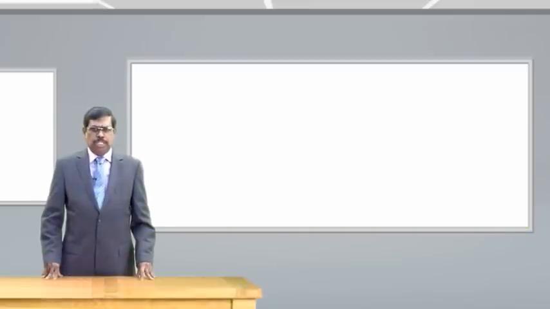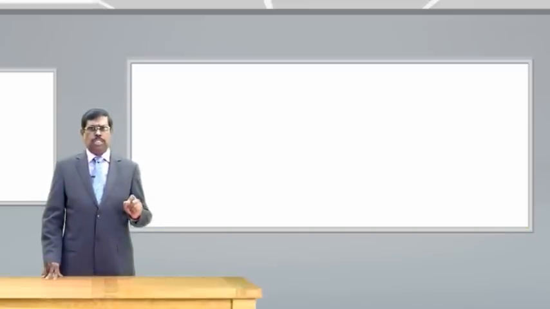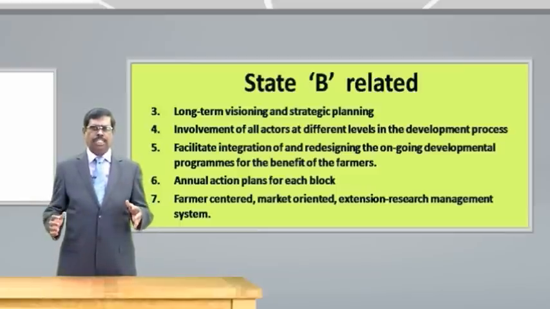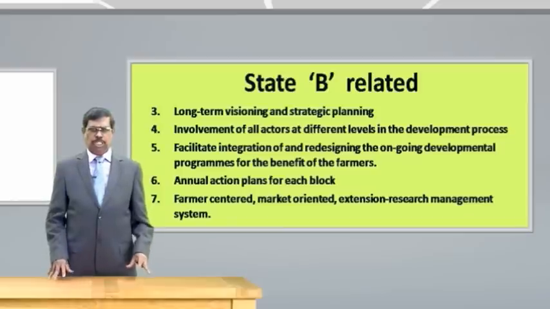There are also some purposes which are related to state B. For example, the third one is we need to have long term visioning and strategic planning. Then the fourth one is involvement of all actors at different levels in the development process: farmers, extension functionaries, NGOs, researchers, all kinds of farm dealers, even bankers; all stakeholders have to be involved.